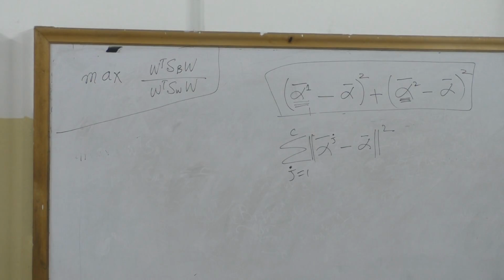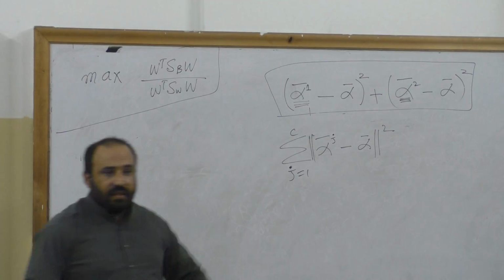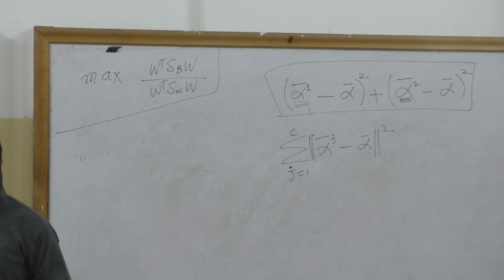Make sense? This is the between class variance, this is the within class variance. Okay, now I'm going to unravel this.